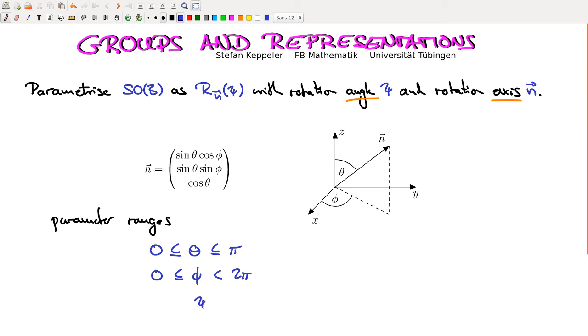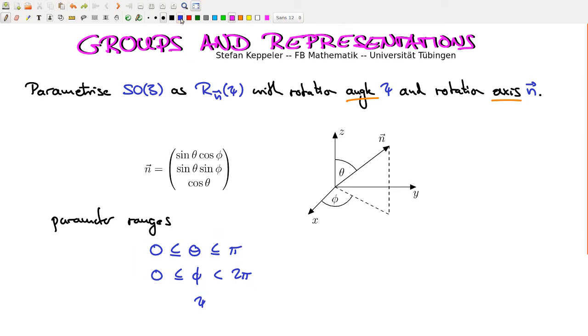Well, since we have really, with this choice, the n can move everywhere on a sphere, we have a direction and also the opposite direction. So if we allow for 2π rotations for each axis, that would be too much. Then we had each rotation twice.